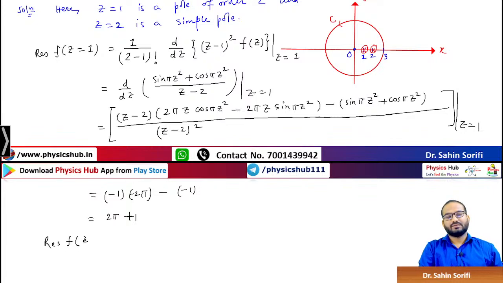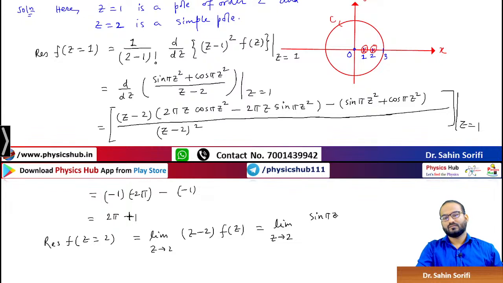Now let's calculate the pole at z equals 2. It's a simple pole, simple formula. Cos 4 pi is 1.